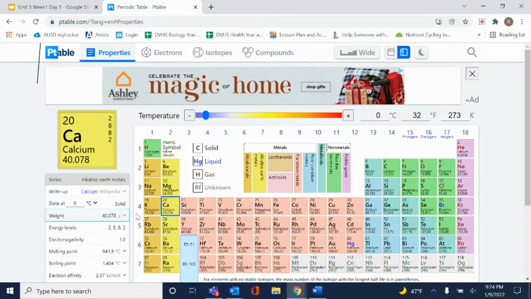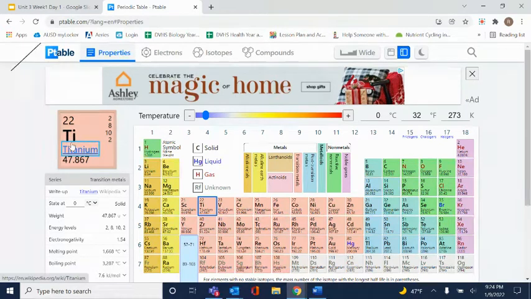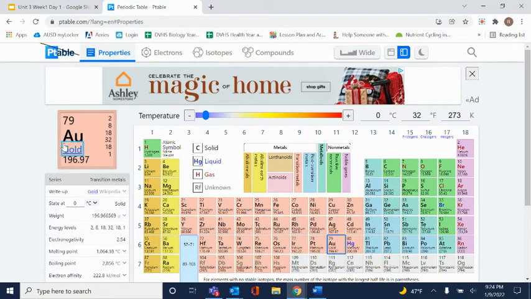For instance, titanium, notice again, it's a capital letter and then a lowercase letter. Only 2 letters. And it's not always going to be the first 2 letters of its name. For example, gold is symbolized by Au. So don't let that confuse you. You're not always looking for the letters that go with the name.